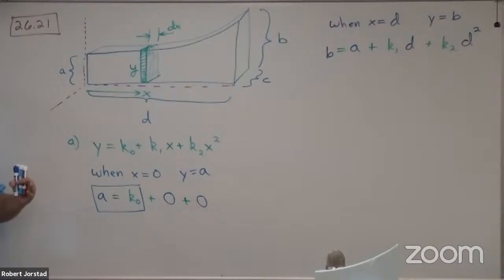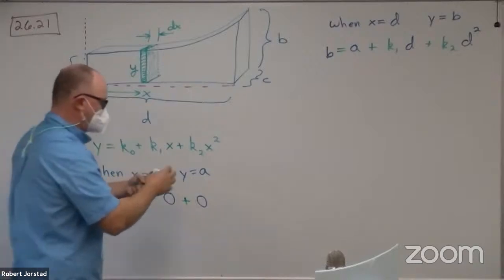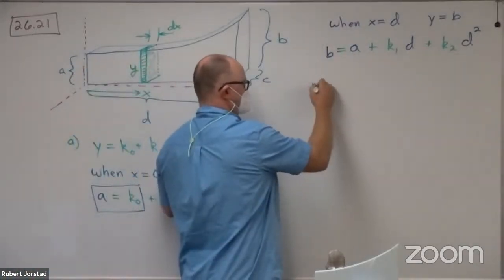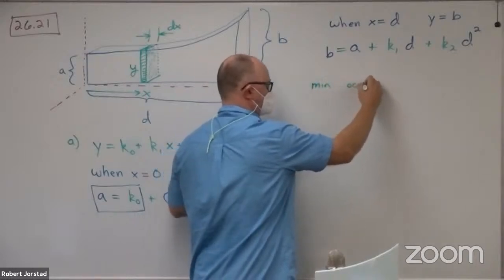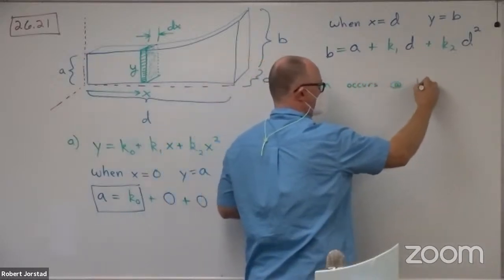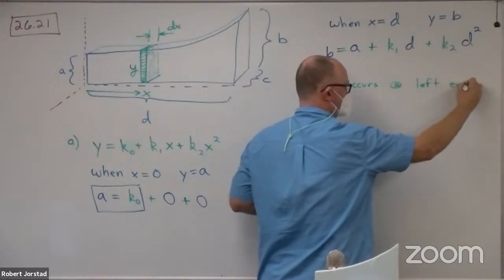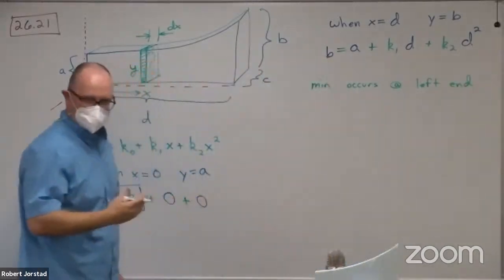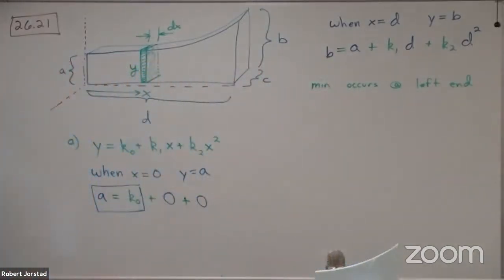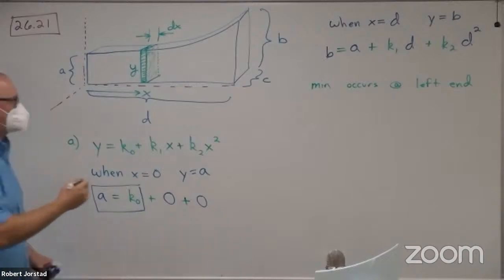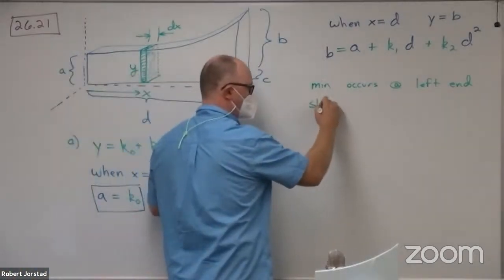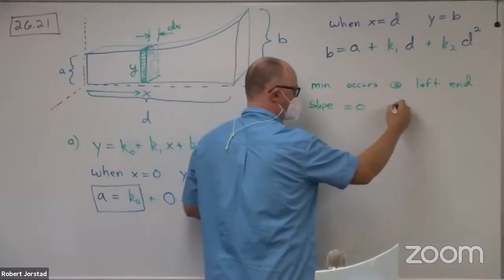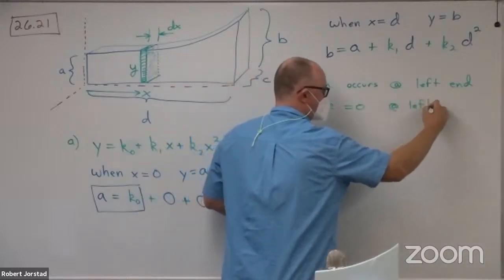That's a special attribute of the function. We're told the minimum occurs at the left end. Well, what do you know about the minimum of a function? Slope is 0. Slope equals 0 at the left end.